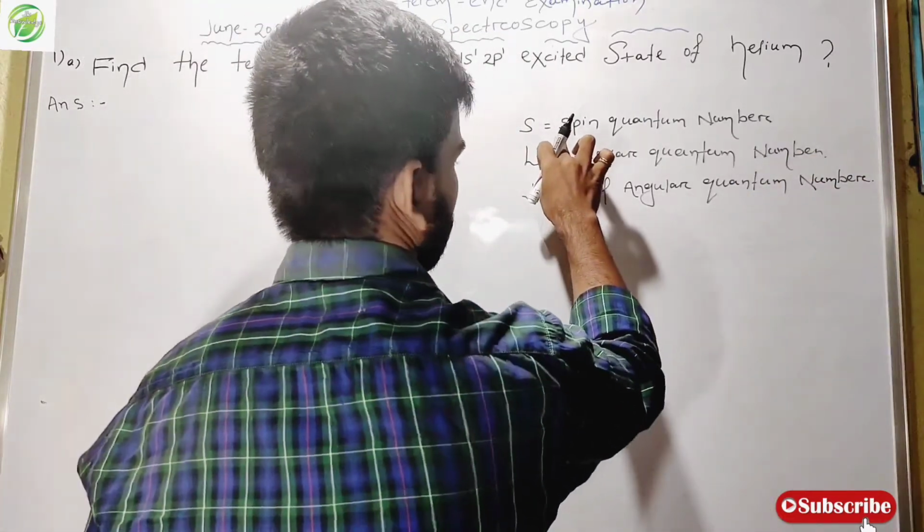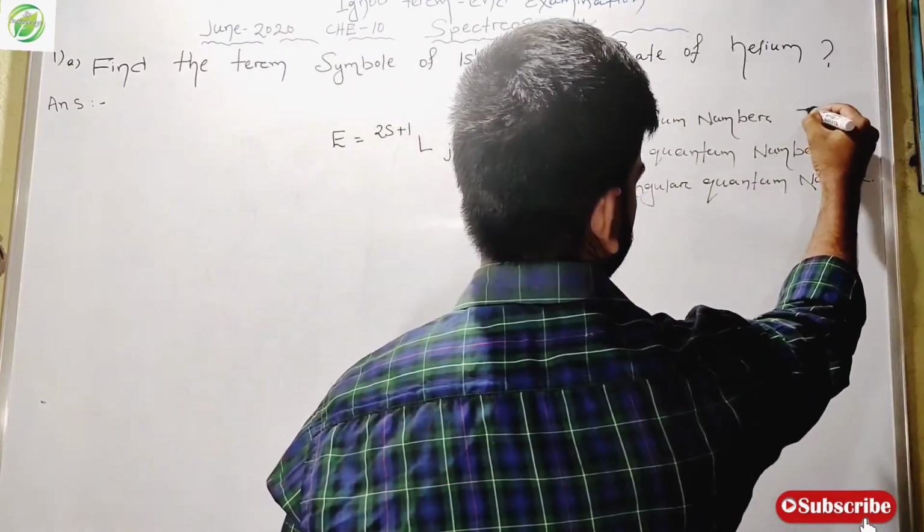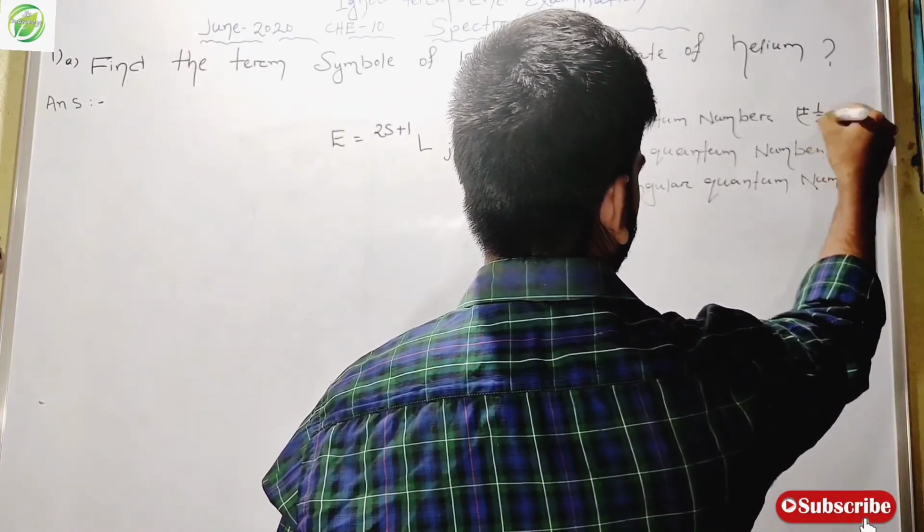The spin quantum number value is plus or minus half.